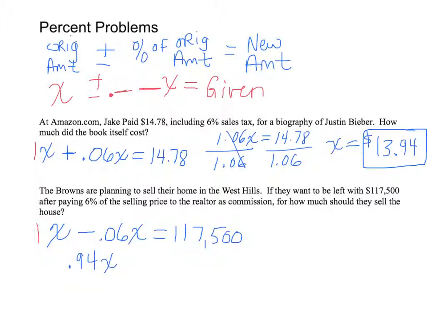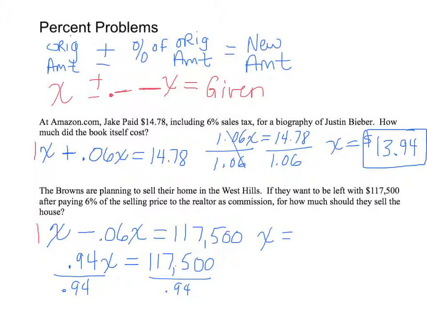So 0.94x is equal to 117,500. And if I divide by 0.94 on both sides, I have 117,500 divided by 0.94, and that's going to give me 125,000.